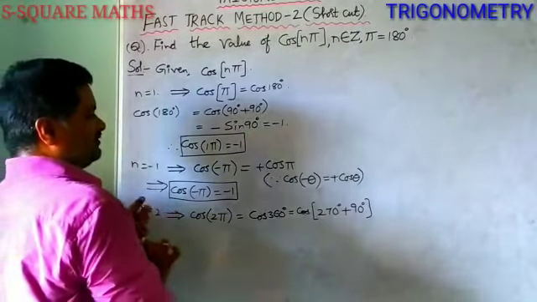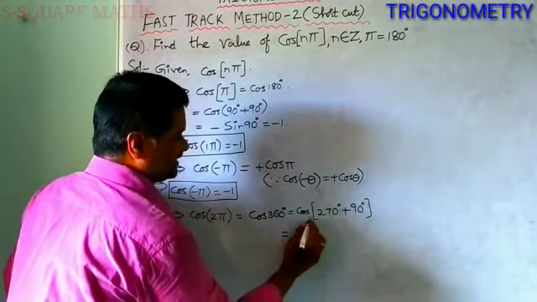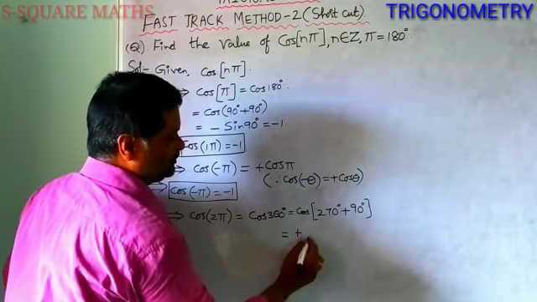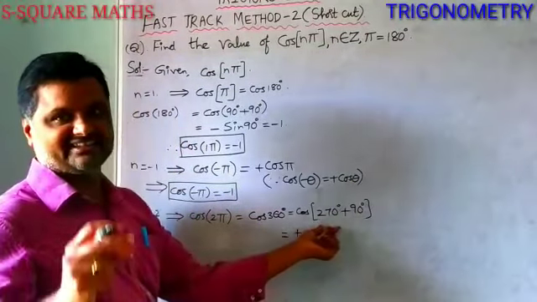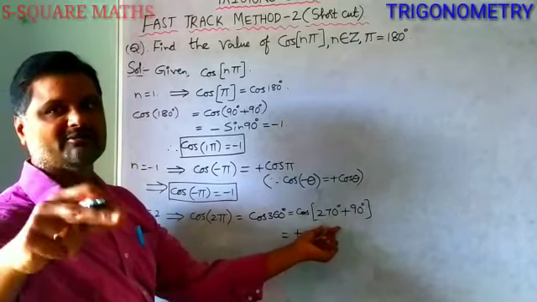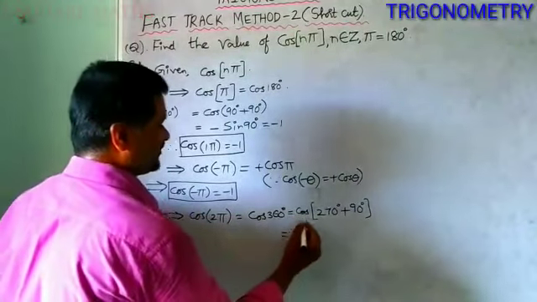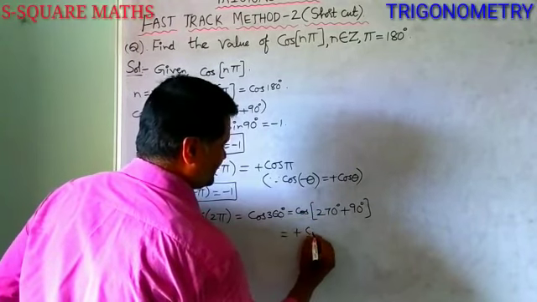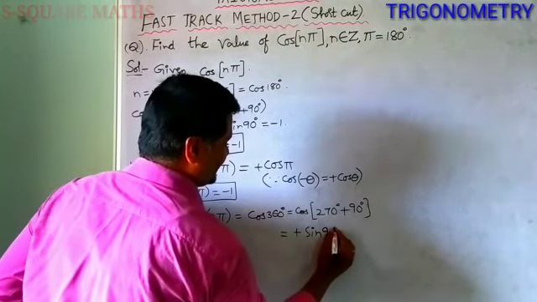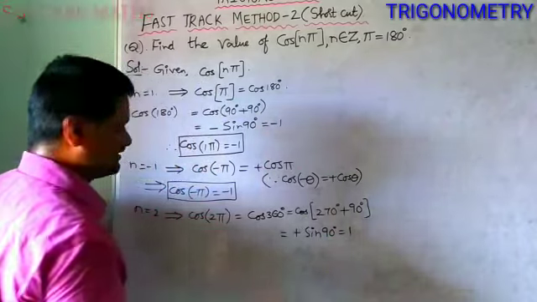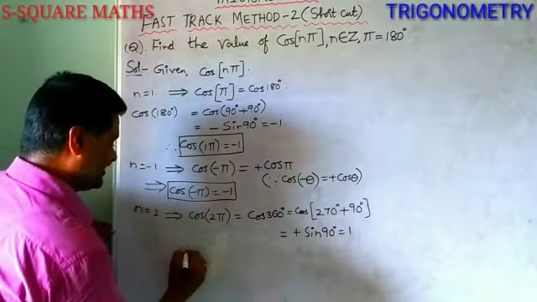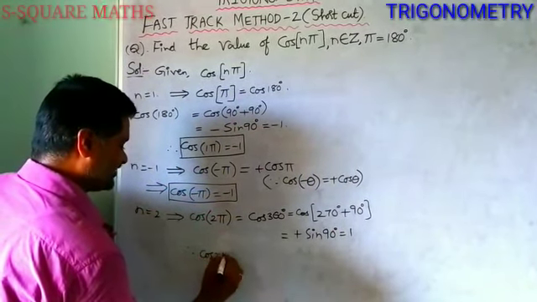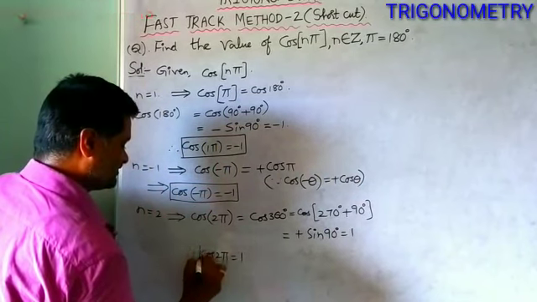In the fourth quadrant cos will be positive, and since 270 is 90 into 3, an odd multiple of 90, cos becomes sine. So finally here it is sine 90 degrees, nothing but 1. Therefore cos 2 pi value is plus 1.